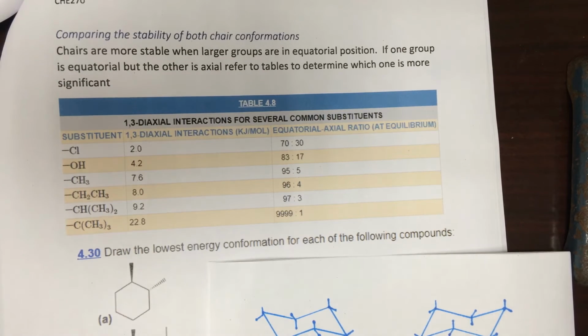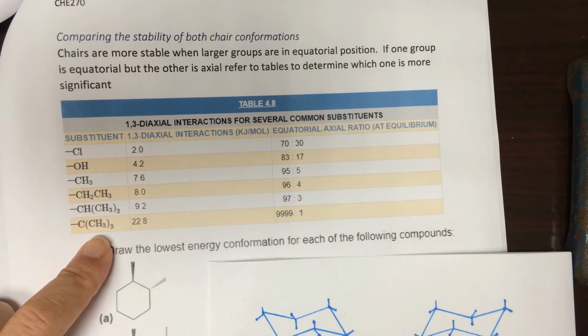Comparing the stability of the chair conformations. Chairs are more stable when large groups are in the equatorial position. If they're along the equator, then they can spread out and they don't interfere with each other. So if one group is equatorial and the other is axial, you can refer to a table like this one to see which is more important.